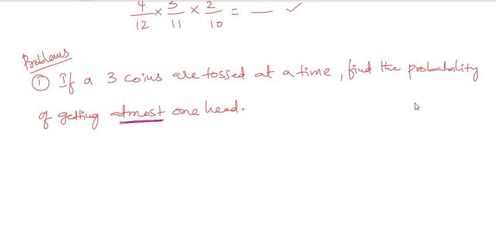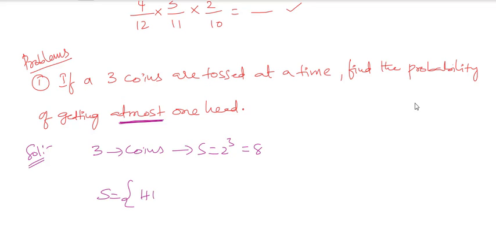So this is the probability you people have to do. Tell me how you will do it. I already told you that 3 coins are tossed, so the sample space is 2 power 3, which is 8. What is that sample space?